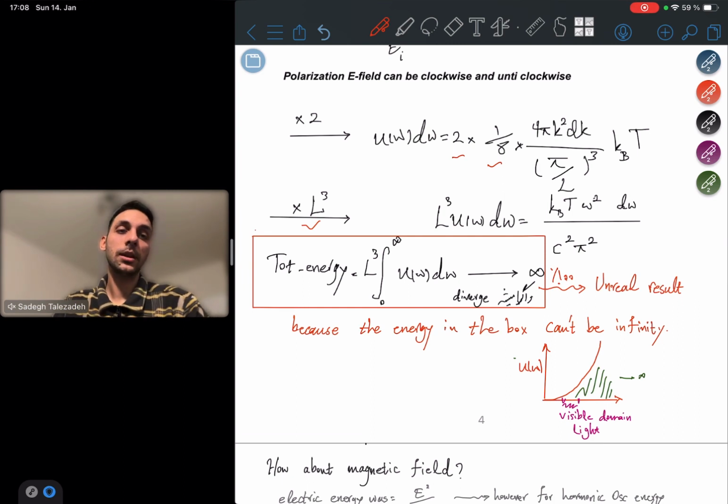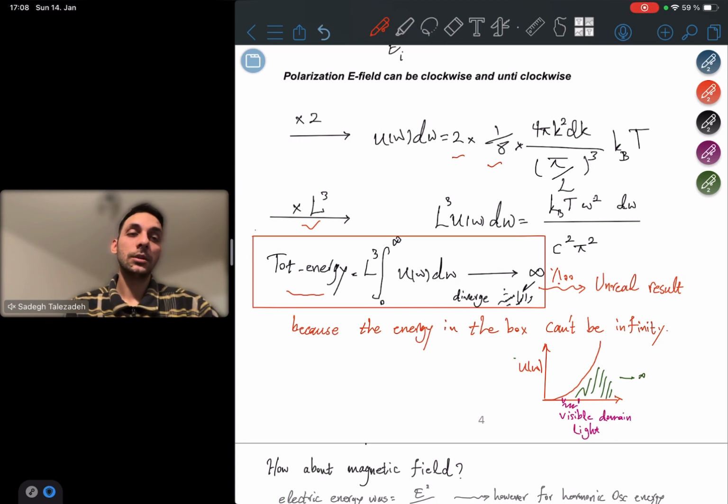So the total energy would be the integral over this u(omega) d omega from 0 to infinity. And as you can see here, the integral will not converge but diverge. And this is a 100% unreal result.